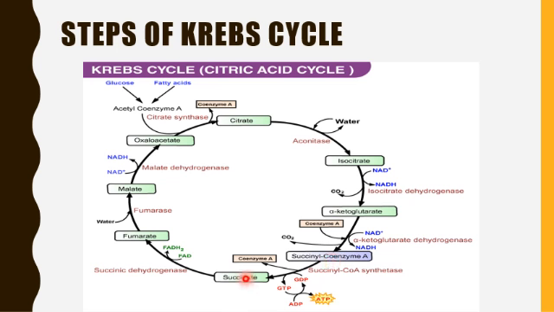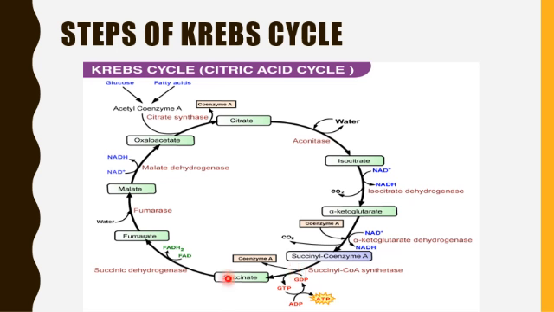And during the dephosphorylation, the phosphate is taken by GDP to form the GTP. So GDP is guanosine diphosphate and GTP is guanosine triphosphate. So the formation of direct ATP takes place in this step only, in the Krebs cycle or citric acid cycle.